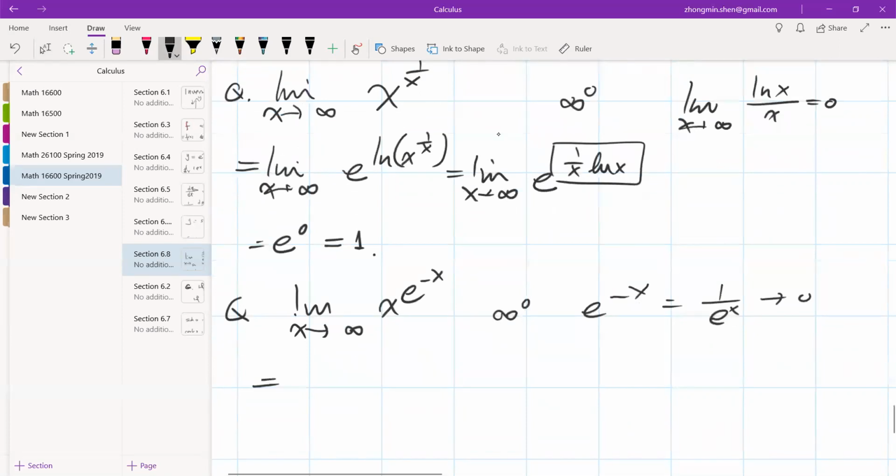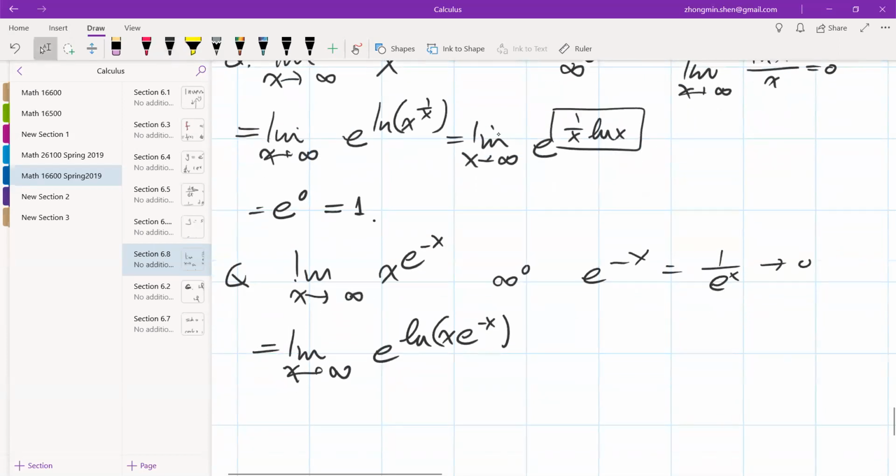So this is going to be e to the natural log of x to the e to the negative x. It's the same trick. Hold on, I wrote down a mistake. The x is under this.